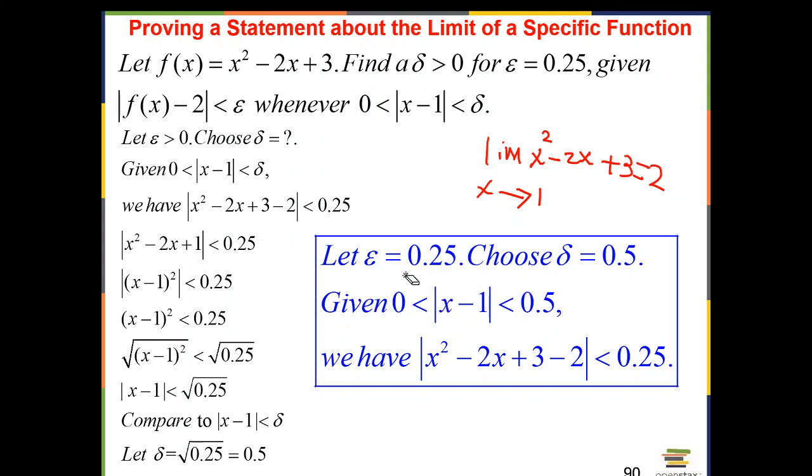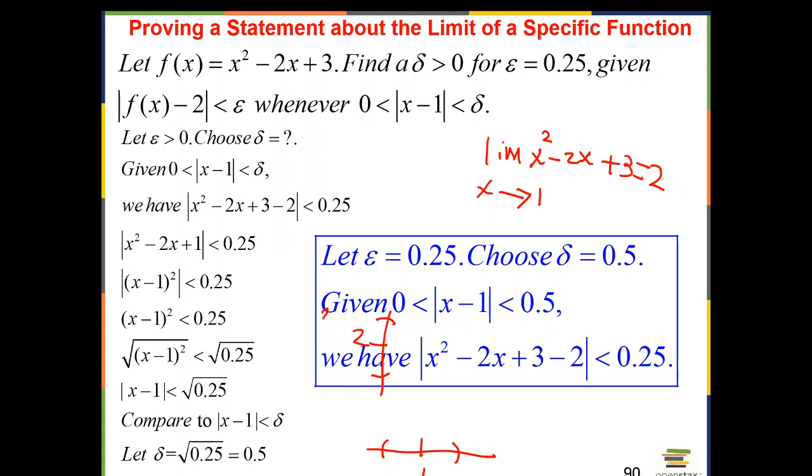So if you let delta be 0.5, and you're on the x-axis and here is 1, if you go to the right and left of 1 by 0.5, then on the y-axis, if this is 2, you stay within 0.25 of 2.